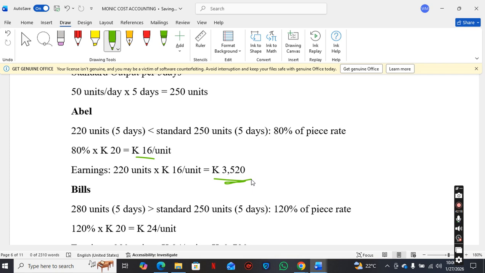Any questions? Sorry, sir, maybe I missed the explanation. On top of Abel, the 50 units over days, where is it coming from? Is it immediately after the table which we were just discussing? Yes, this part here.